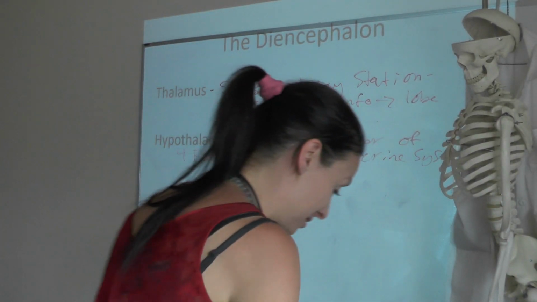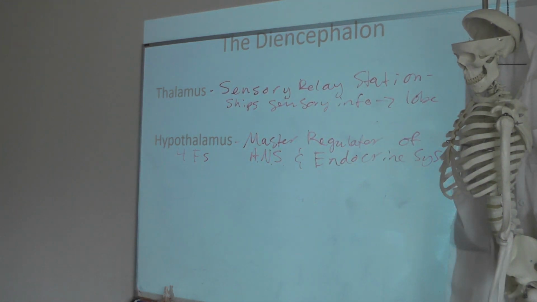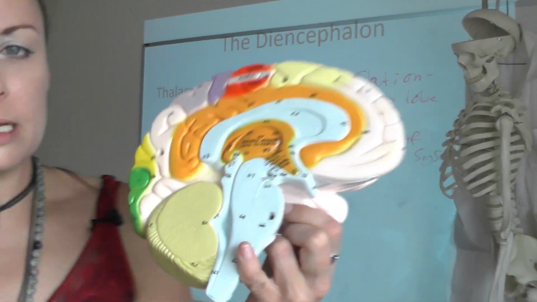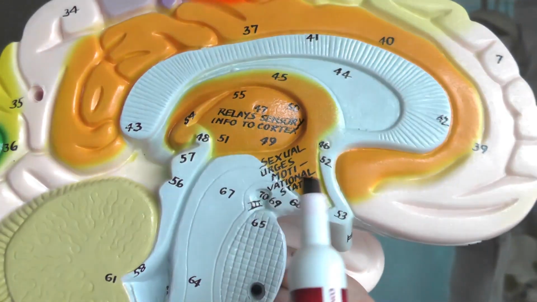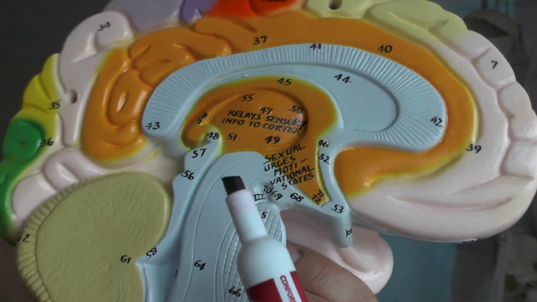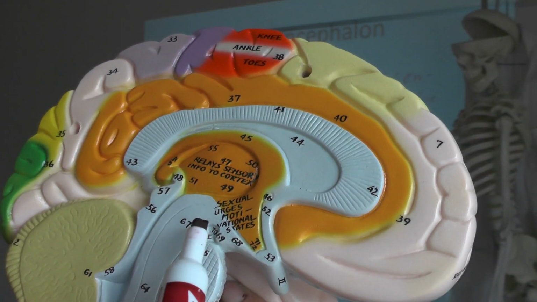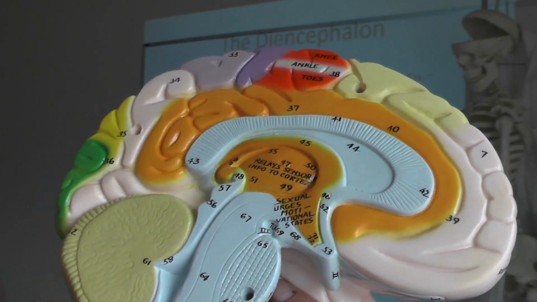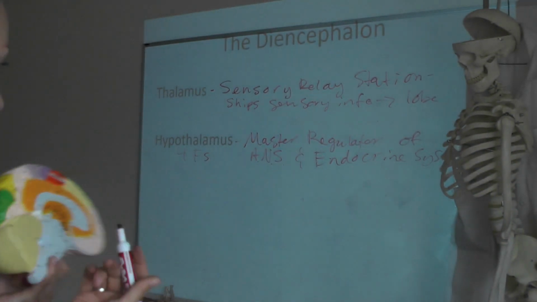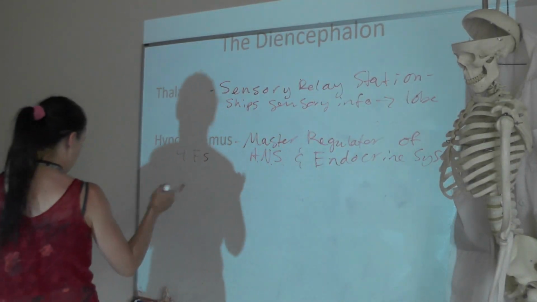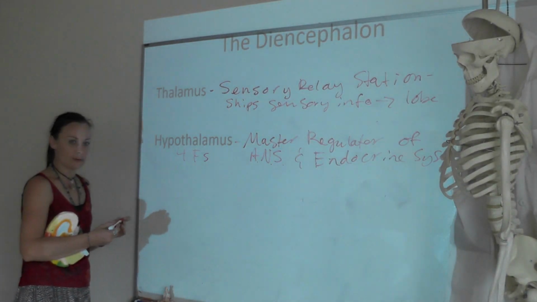That's the hypothalamus? Yeah. And it does all that important stuff? It sure does. Look at this, it looks like an orange triangle. That little thing? Oh yeah. Sexual urges, motivational states, fighting, feeding, fleeing, reproduction. Hypothalamus. Next part of the diencephalon.